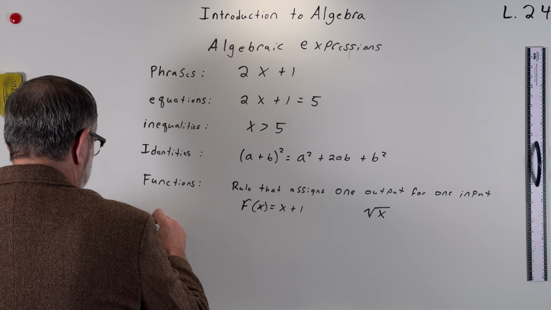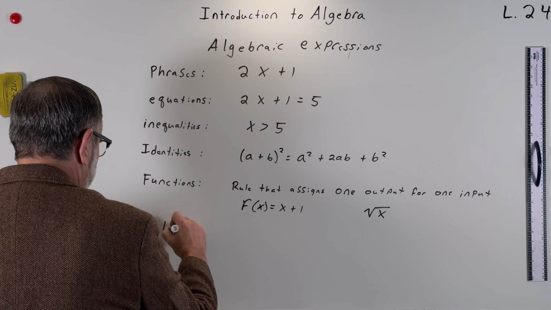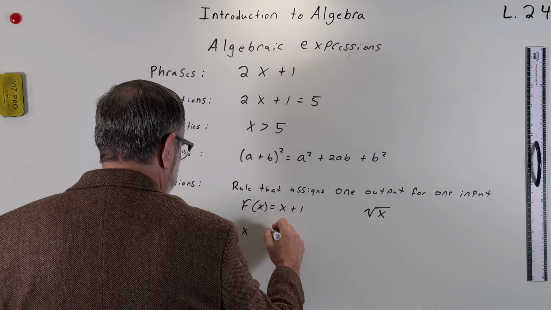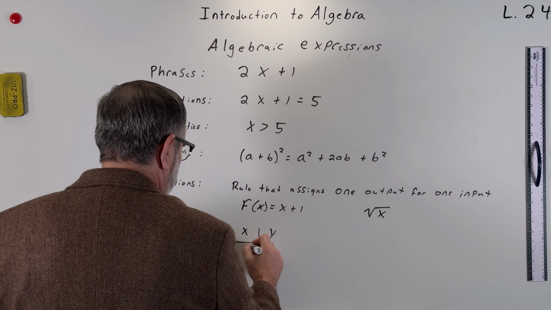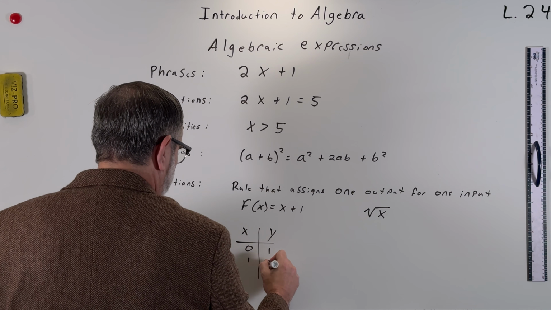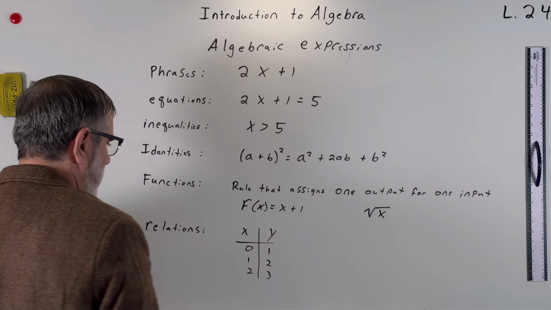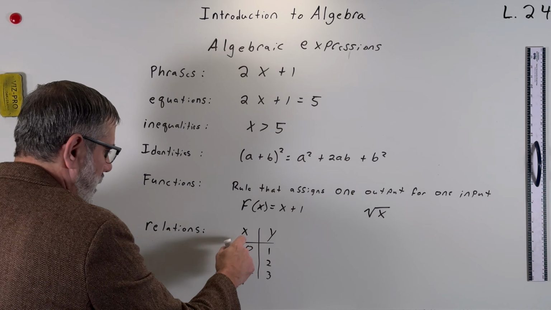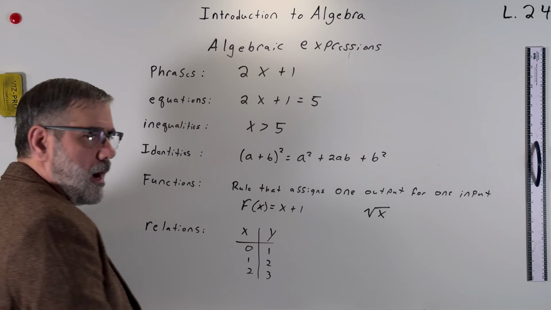There are relations, algebraic relations, and these take various forms. But for example, a table of values, x and y: 0, 1; 1, 2; 2, 3. Some pairing of values just relates the variable x to the variable y.